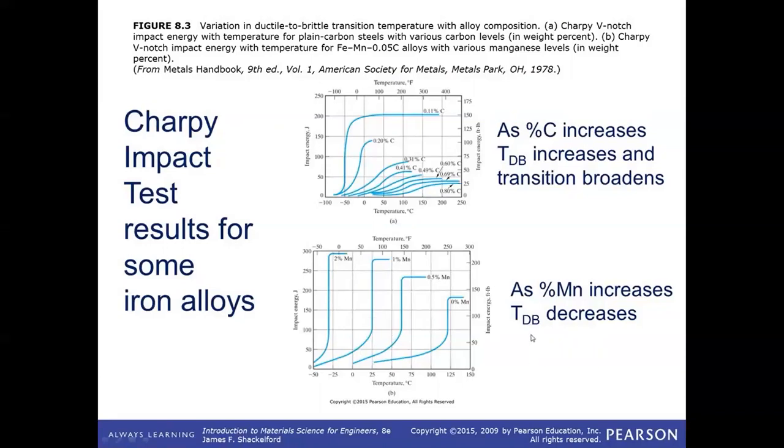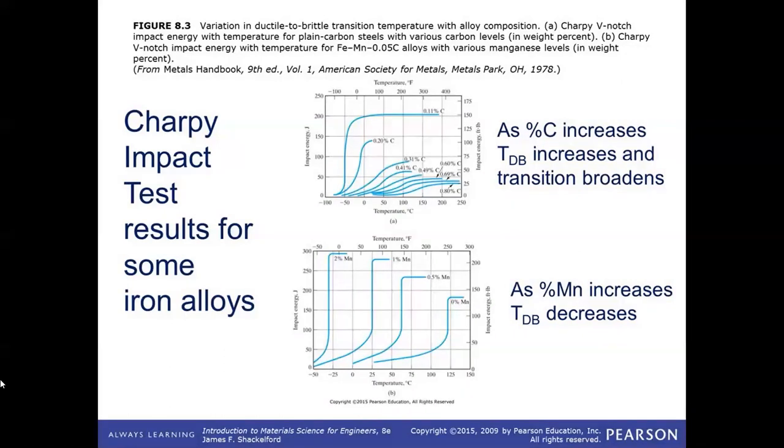So which is better, to have an increase or a decrease in the ductile to brittle transition temperature? Generally, you want a low ductile to brittle transition temperature so that the material will be ductile at your operating range.